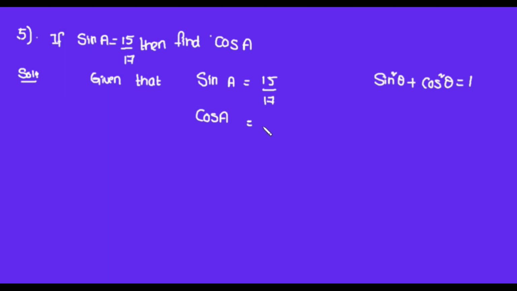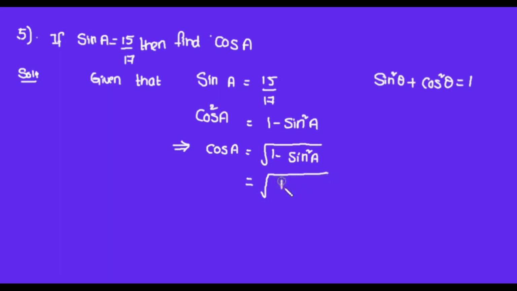By using this equation, we will write cos square A is equal to 1 minus sin square A. It implies cos A is equal to square root of 1 minus sin square A. By substituting the value of sin A here, we will get 1 minus 15 by 17 whole square.